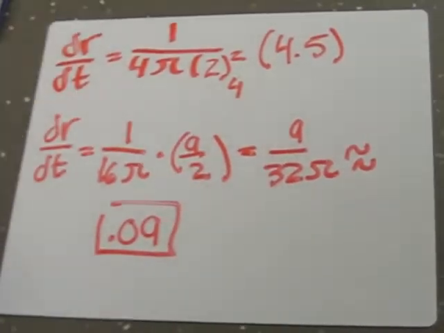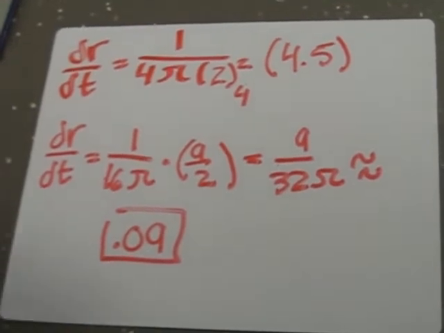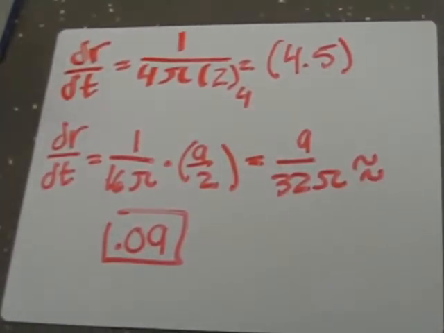This means that when the radius is 2, the rate of the radius increasing is 0.09, approximately. Nothing more complicated than that.